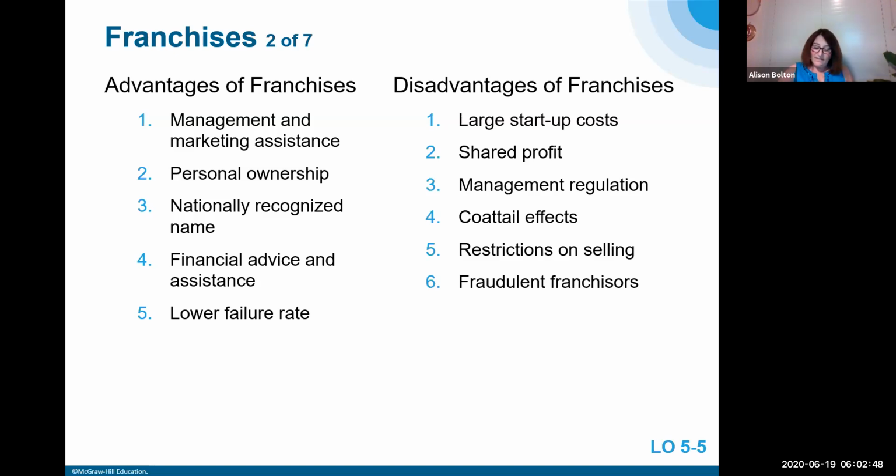Coattail effects. This is a term that you should be very, very well aware of. If something happens at a franchise down the road, you will get what we call the coattail, the backlash of what happened at that other franchise.